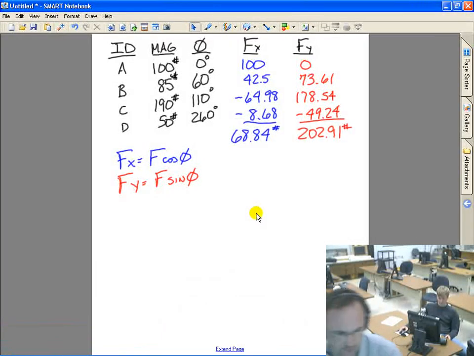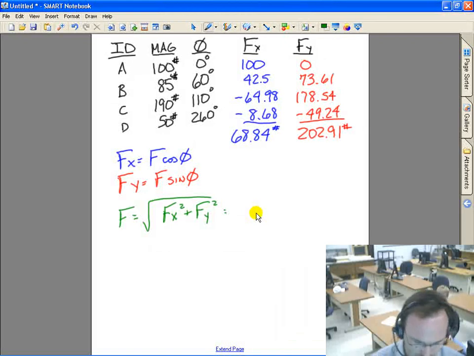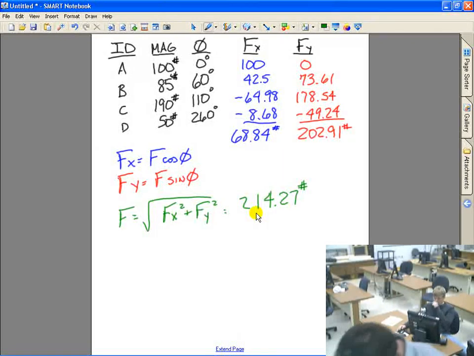And so if we take F is equal to the square root of Fx squared plus Fy squared. So if we have 68.84 squared plus 202.91 squared equals, and we take the square root of it, we get 214.27 pounds, which matches our 214.3.